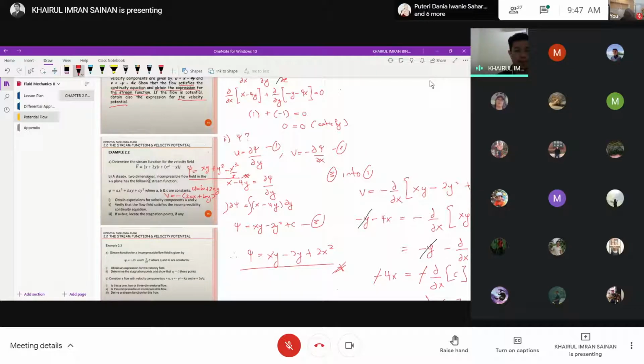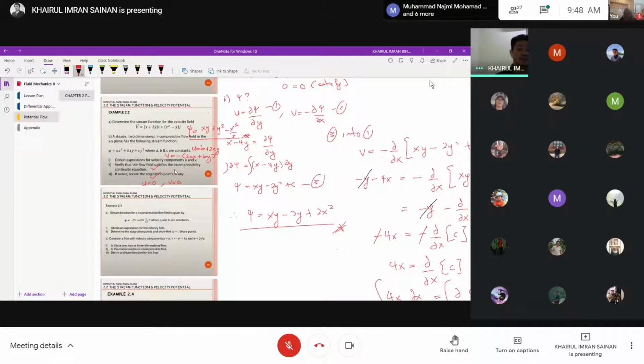And then verify whether the flow satisfies the continuity equation or not, and then locate the stagnation points. How you locate the stagnation points is when U equals 0 and V equals 0. I'm not going to show it here because I'm going to show it later, but the concepts are similar. So those are the answers for example 2.2.